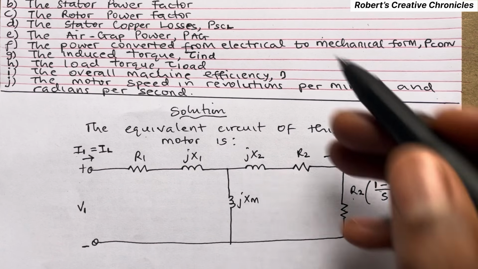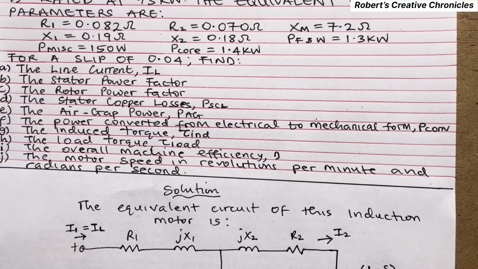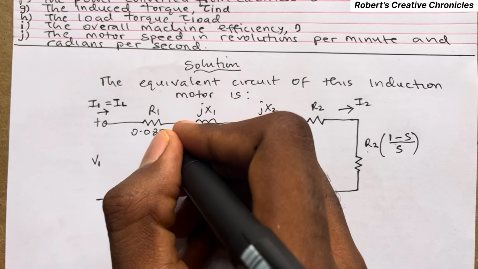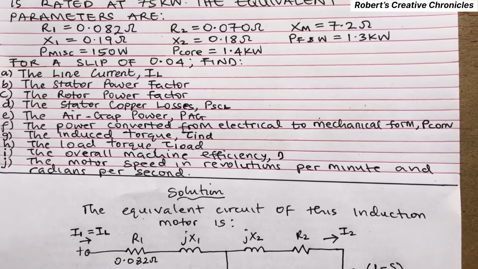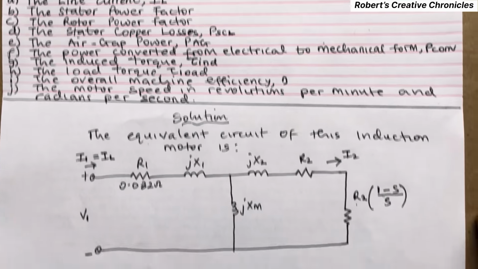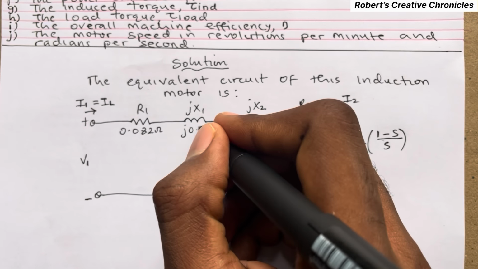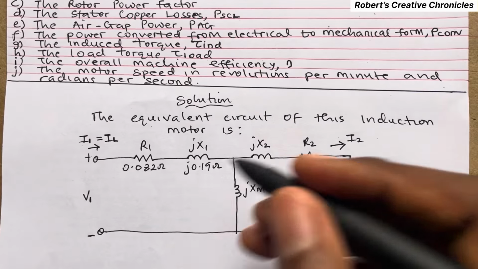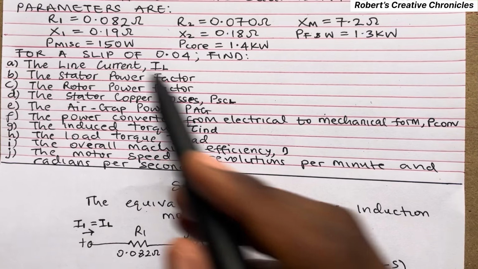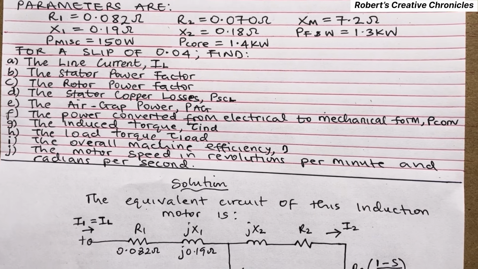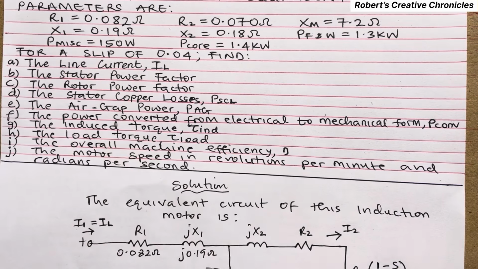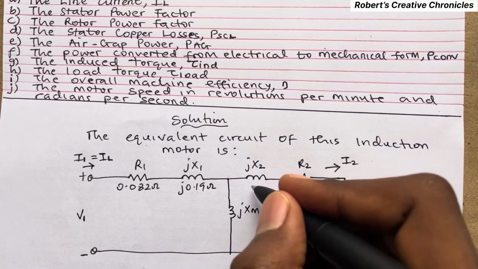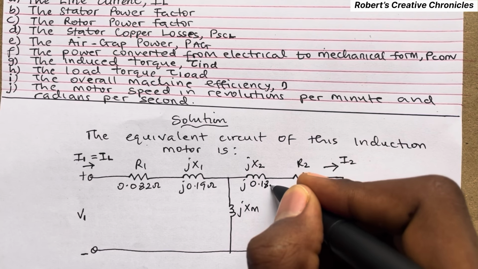So from the question, R1 is 0.082 ohm. X1 is 0.19 ohm. Then X2 is 0.18.